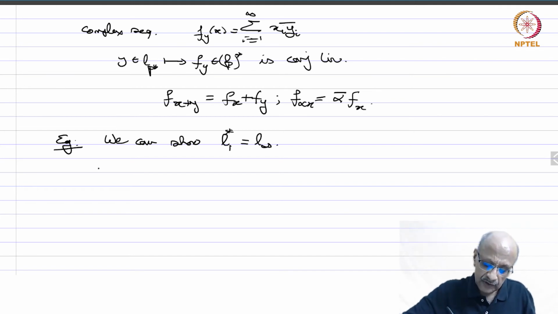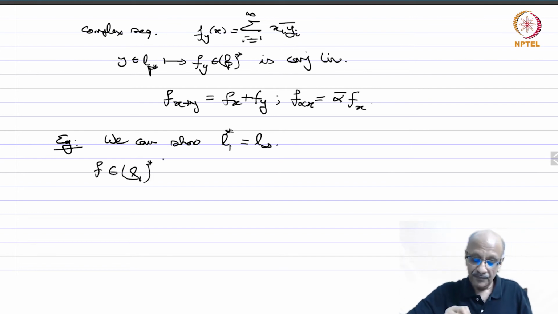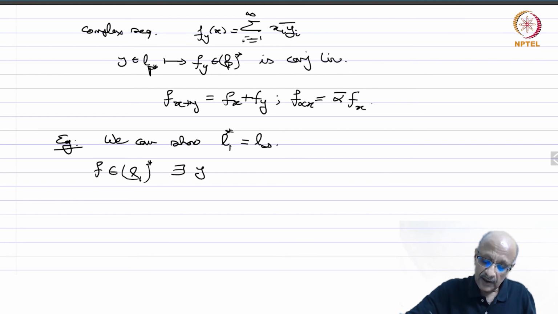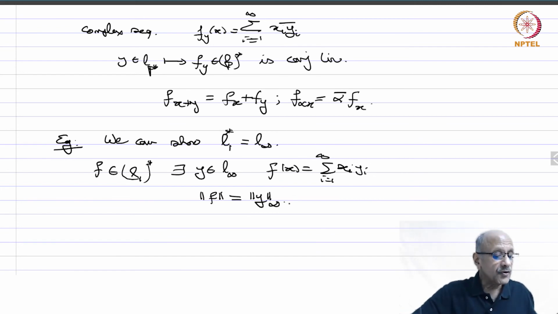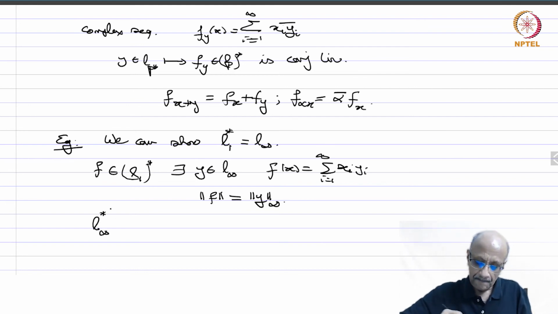So given a continuous linear functional f in L1 star, there exists a y in L infinity such that f of x is equal to sigma xi yi, and norm f will be nothing but norm y infinity. Now if you start with L infinity star, is this equal to L1?